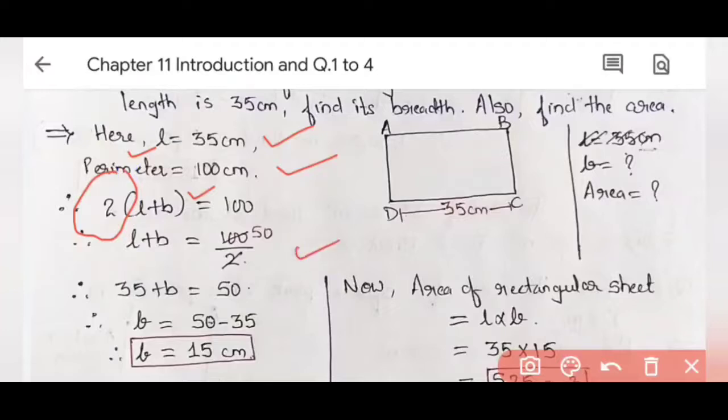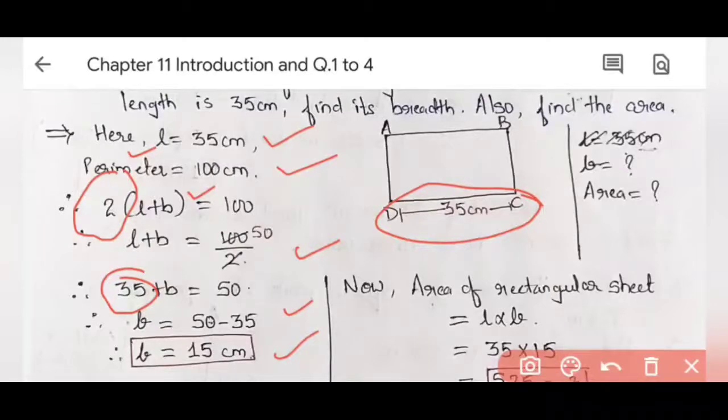So on dividing we will get L plus B as 50. Now what is L? They have given us length is 35. So we will place it in the place of L and then finally taking it to the other side, it will be subtracted from 50 and finally we will get breadth is equal to 15 centimeter.